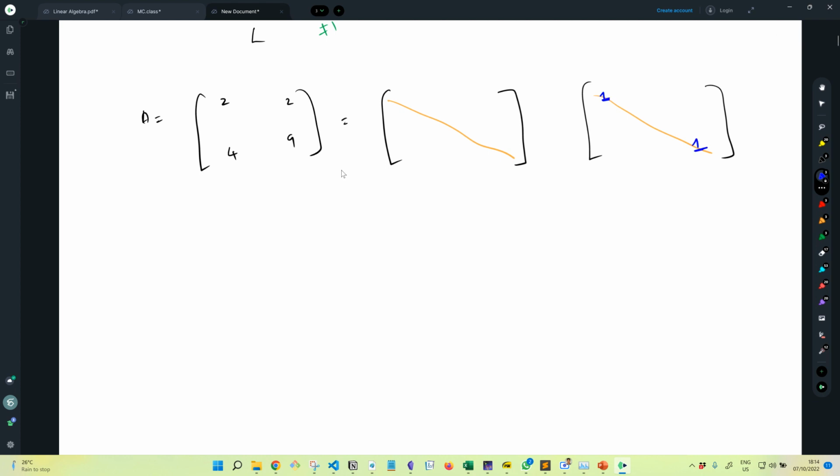For the upper triangular matrix, you know that the elements below the leading diagonal are 0. Similarly, for the lower triangular matrix, elements above the leading diagonal are 0. Then what are the unknowns? Here you have U12, here you have L11, L22, and here you have L21. Basically, we have four unknowns in the matrices.